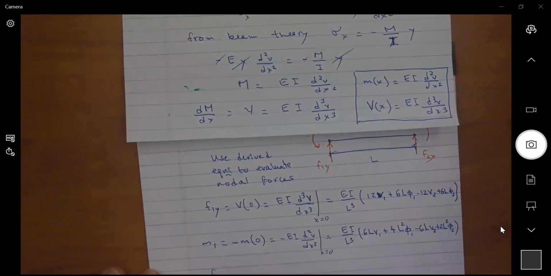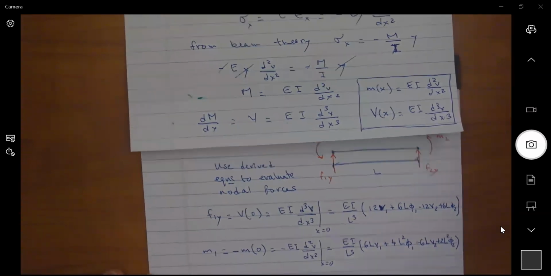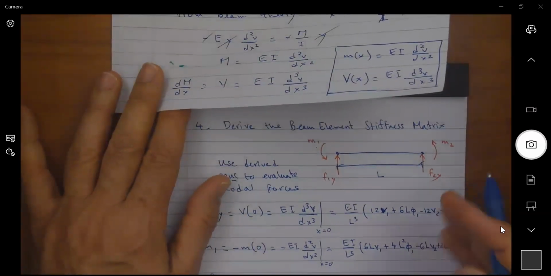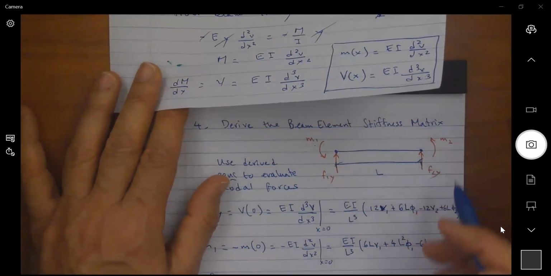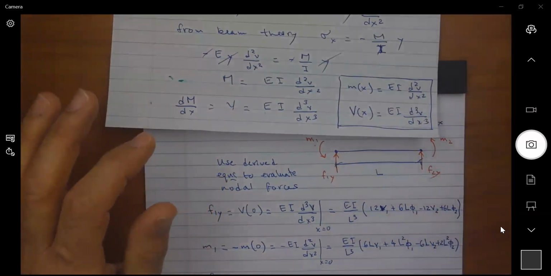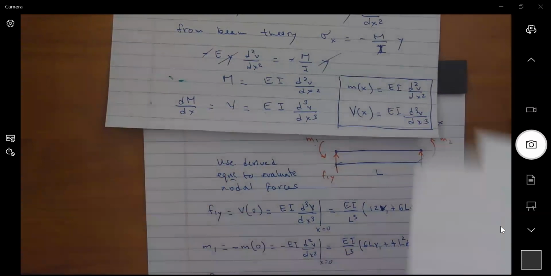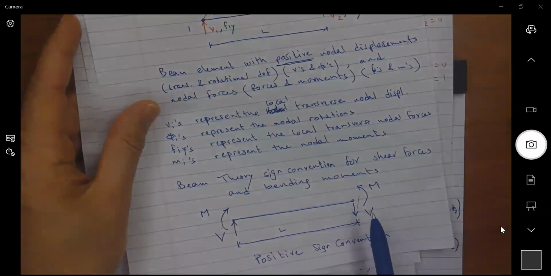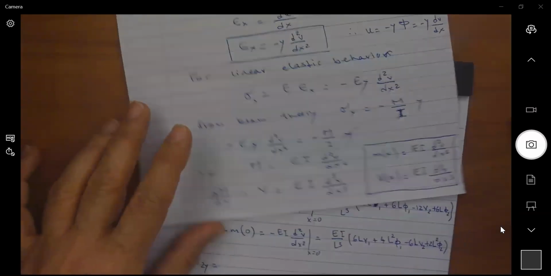Next, we'll do F2Y. Positive is a positive shear to the right end of the beam, going up or going down? Going down, right? The first thing we did today, this is a positive shear, right? So I'm going to throw in a negative sign.